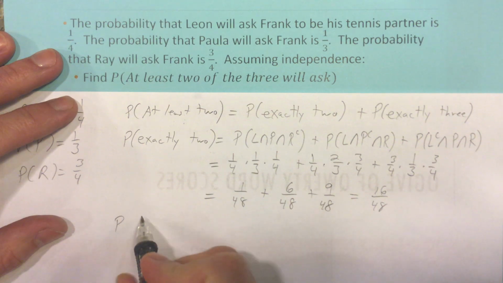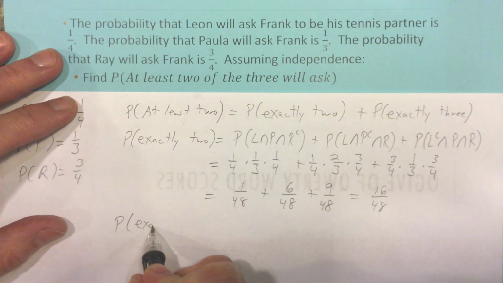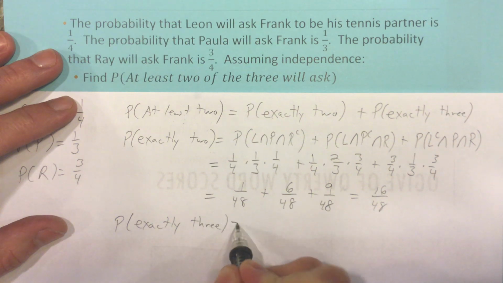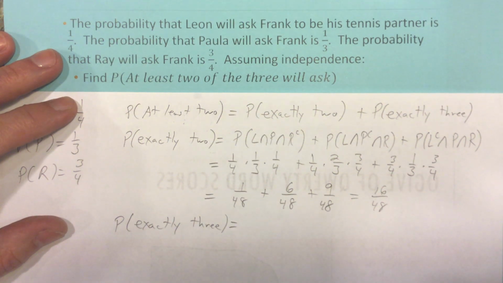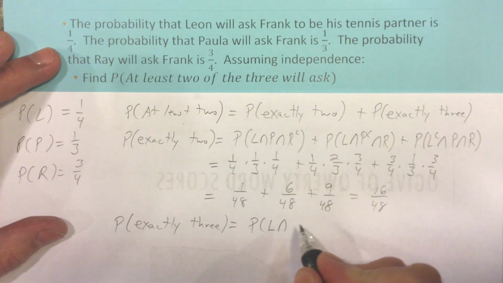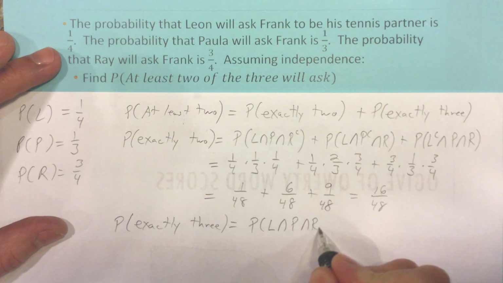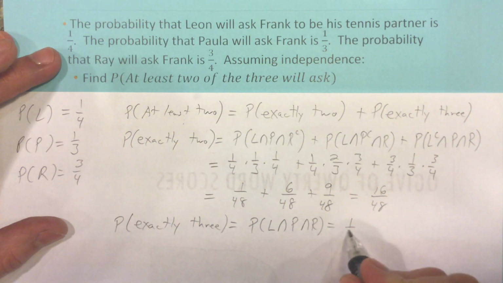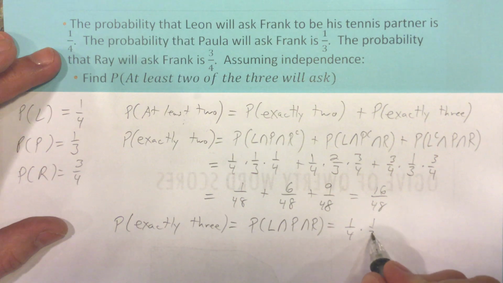So let's do the probability of exactly 3. Well, this is much easier. There's only one way that can happen, right? All 3 ask. So all right, that is 1/4 times 1/3 times 3/4.